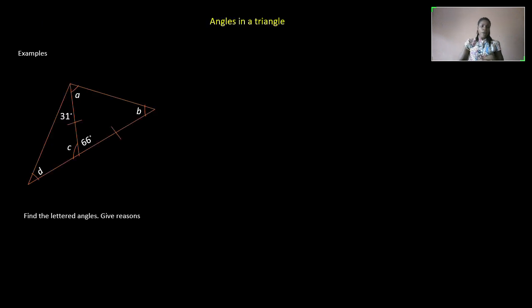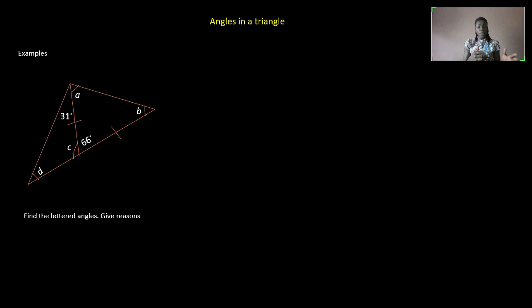So the next one we have is angles in a triangle. So here in this one we have angle D, angle C, angle 66, angle B, angle A, and angle 31, and we are asked to find the lettered angles, and we are also asked to give reasons.